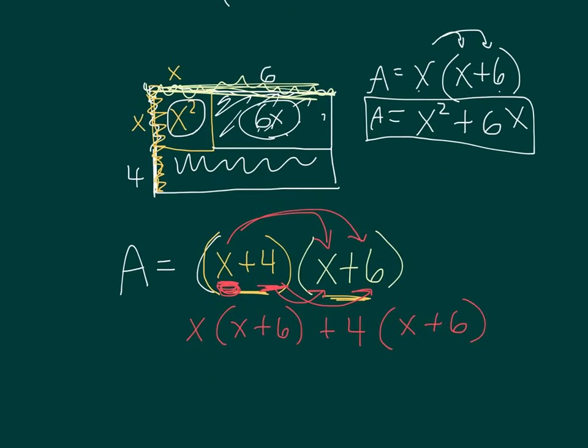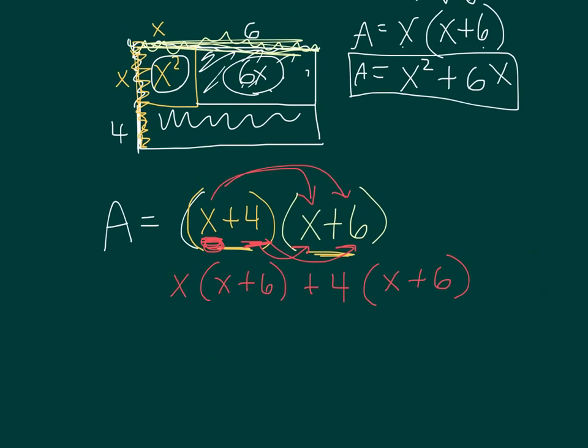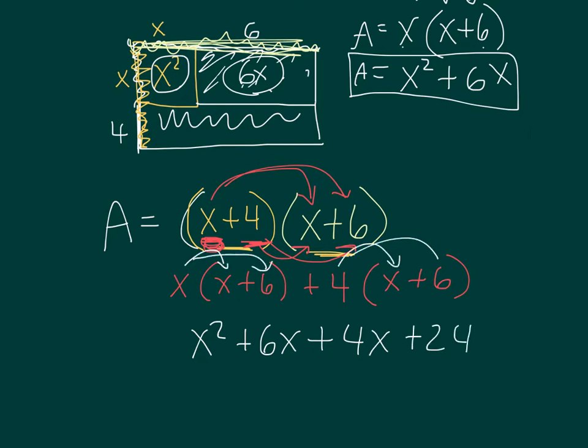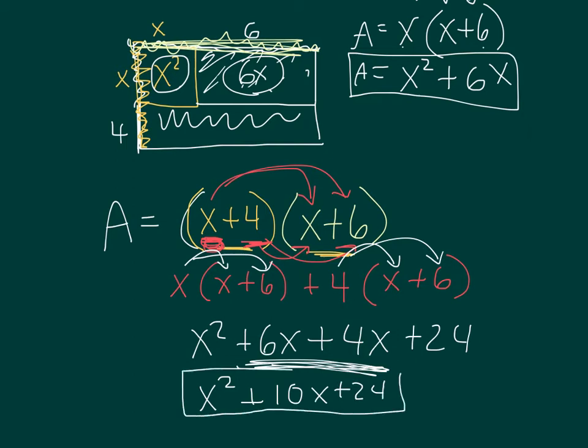This ends up being x squared plus 6x plus 4x plus 24, just as if you distributed in the previous problem. Now we're left to combine like terms, and I have x squared plus 10x plus 24, and that should represent my new area.